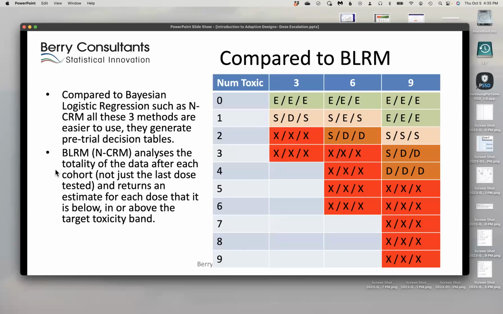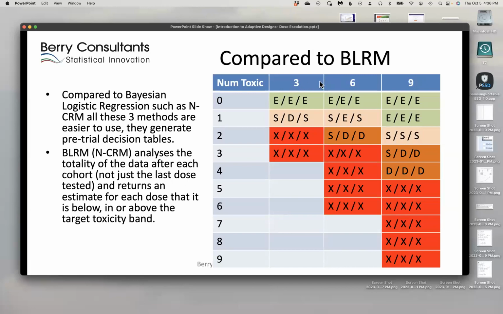One of the neat things about these methods is that before the trial runs, because you're only considering the data on the current dose, you can create a simple decision table. And that table then becomes all you need to actually execute the trial. In this decision table, you can see I've got 3 columns because I'm assuming we're just doing complete cohorts of 3.